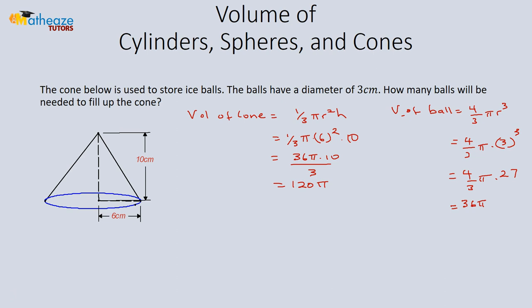So 36 pi cubic centimeters for the ball and 120 pi cubic centimeters for the cone.